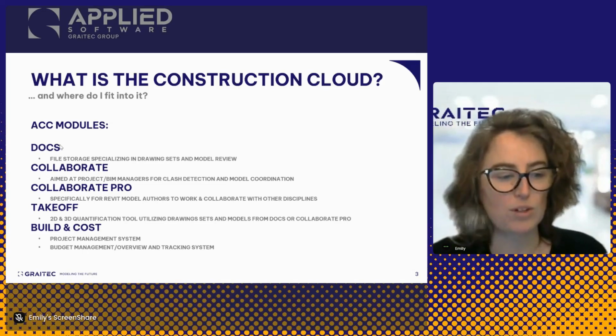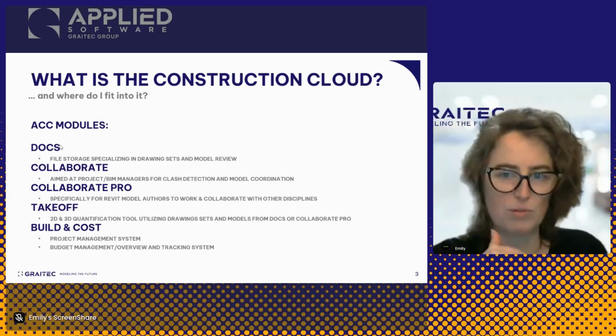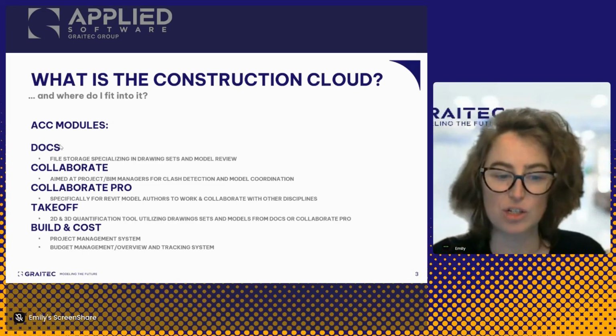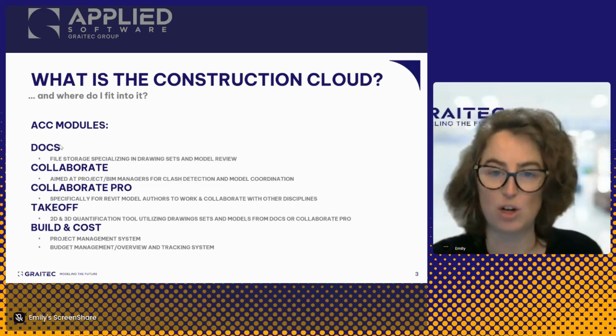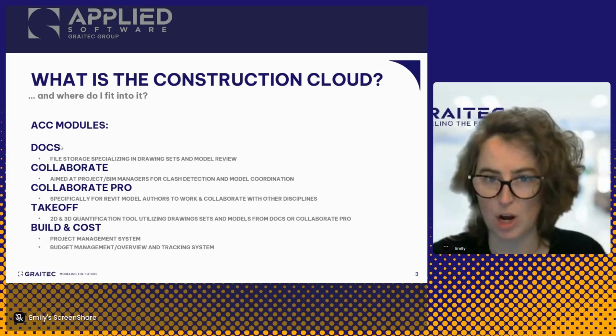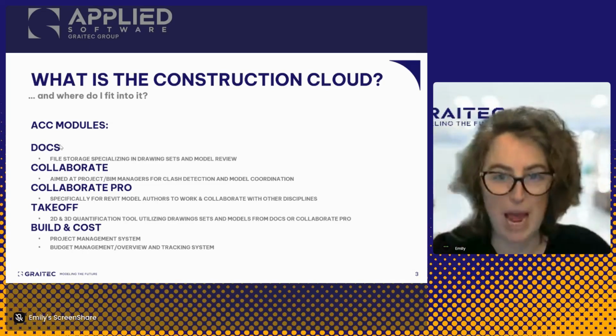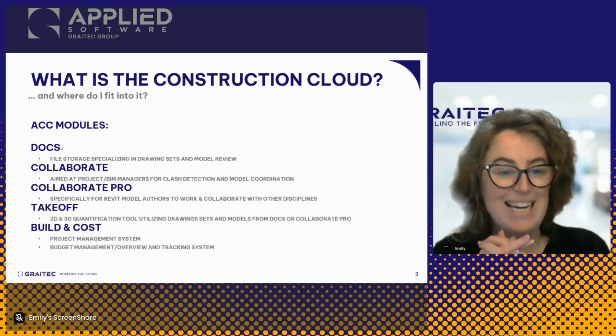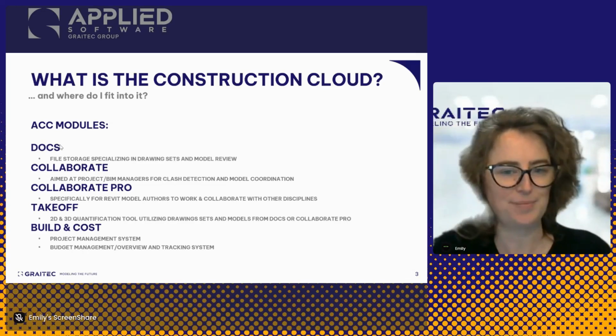And then moving forwards, we have access to those models and the sheets coming from those models in Takeoff for our quantification tools, and Build and Cost, which is what we're talking about today, coming from the package of Build, which is our project management system, all in the Construction Cloud.